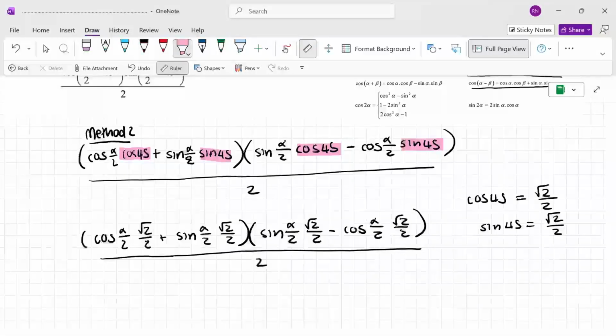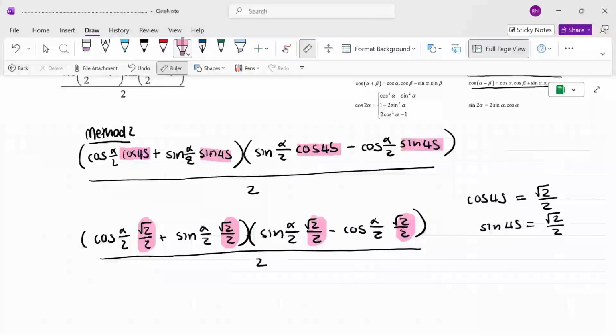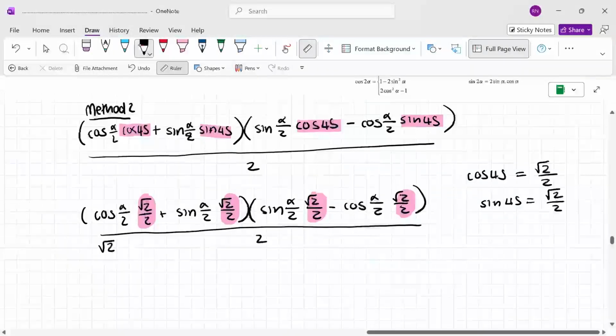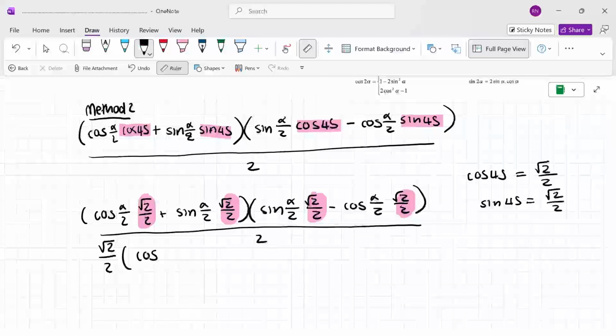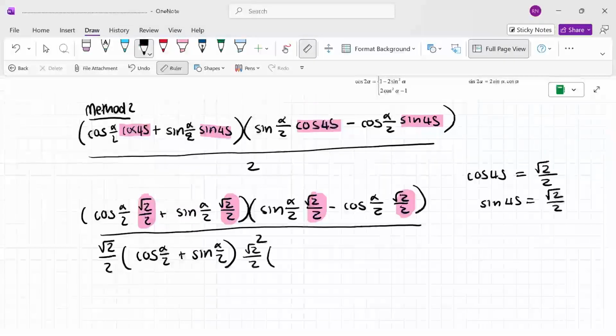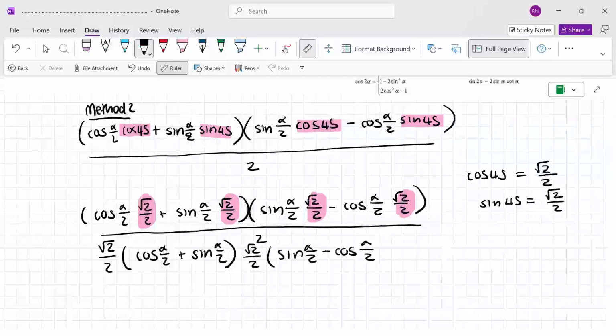Now I have a common factor in all of these, so I'm going to take out a common factor in the first bit. This first bracket, if I take out a common factor of root 2 over 2, I'll have root 2 over 2 times cos alpha over 2 plus sine alpha over 2, right? And then I take out another common root 2 over 2: root 2 over 2 times sine alpha over 2 minus cos alpha over 2.